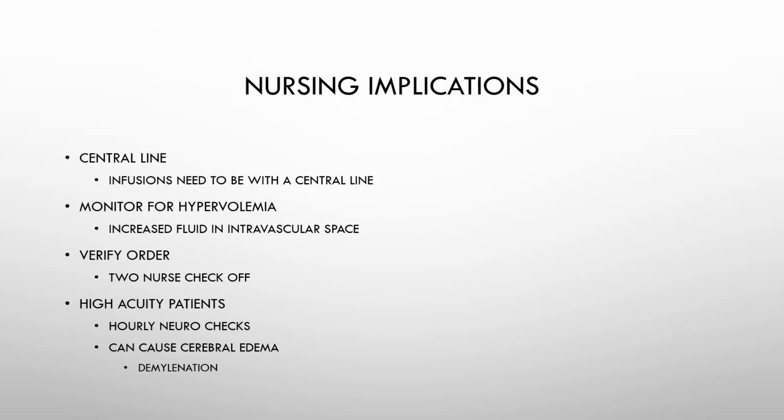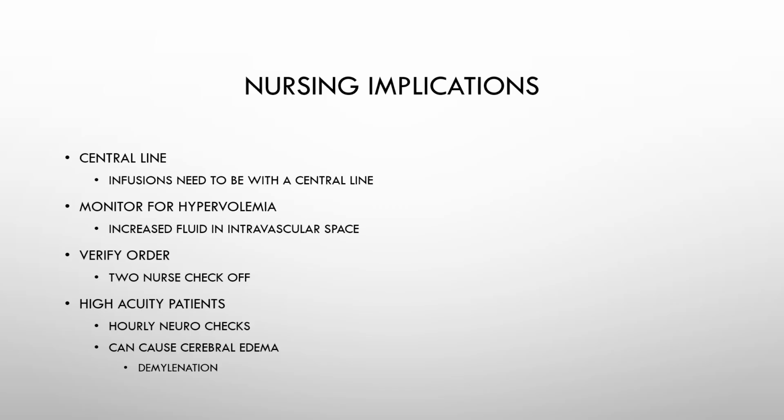So again, nursing implications for hypertonic saline. We want to be using a central line. Monitor for hypervolemia, so we're going to be pulling fluids into our vascular space. Increased blood pressure, okay? Increased heart rate. Verify our nursing orders, right? This is a double check off with these, especially for our hypertonic solutions.